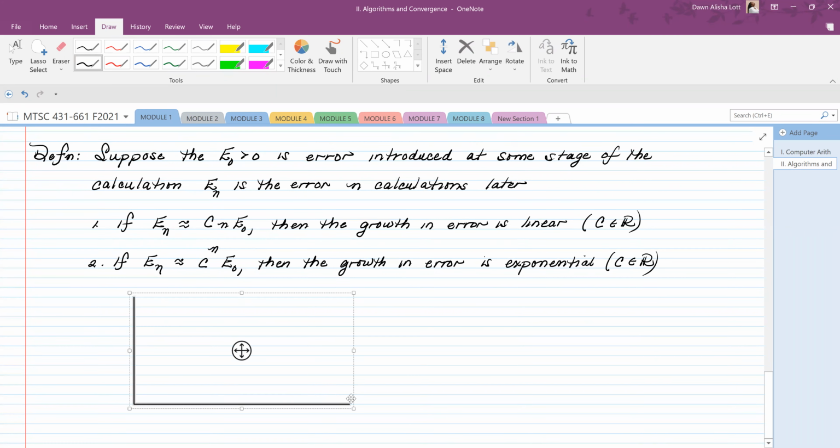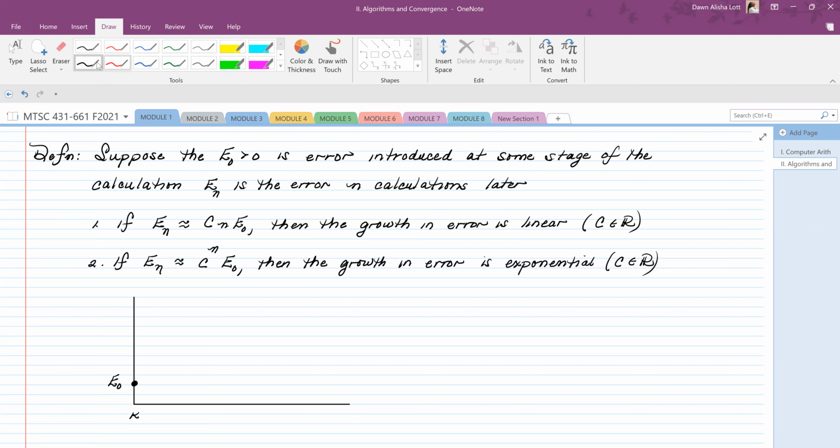So I don't know which calculation it is, but we're going to start with E naught. So here is E naught at some calculation. Okay.